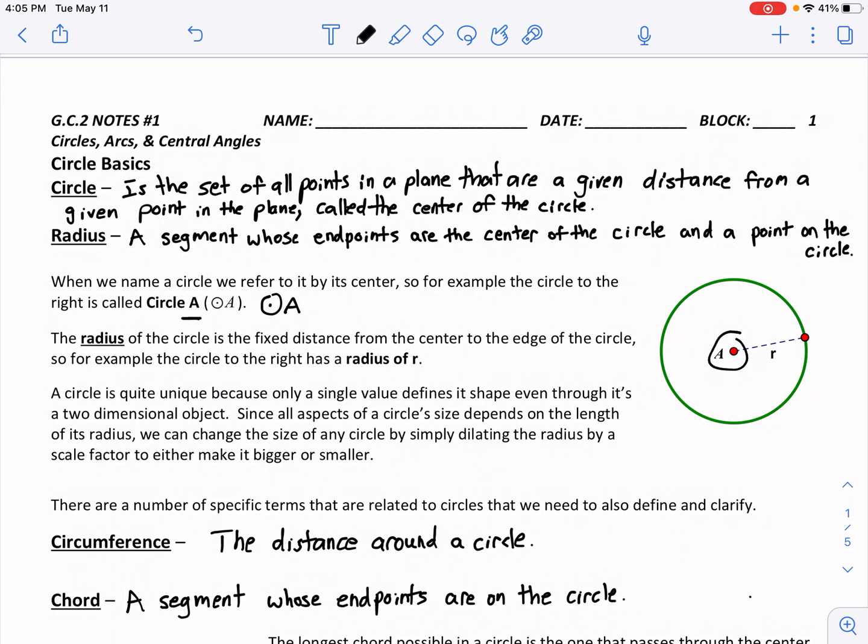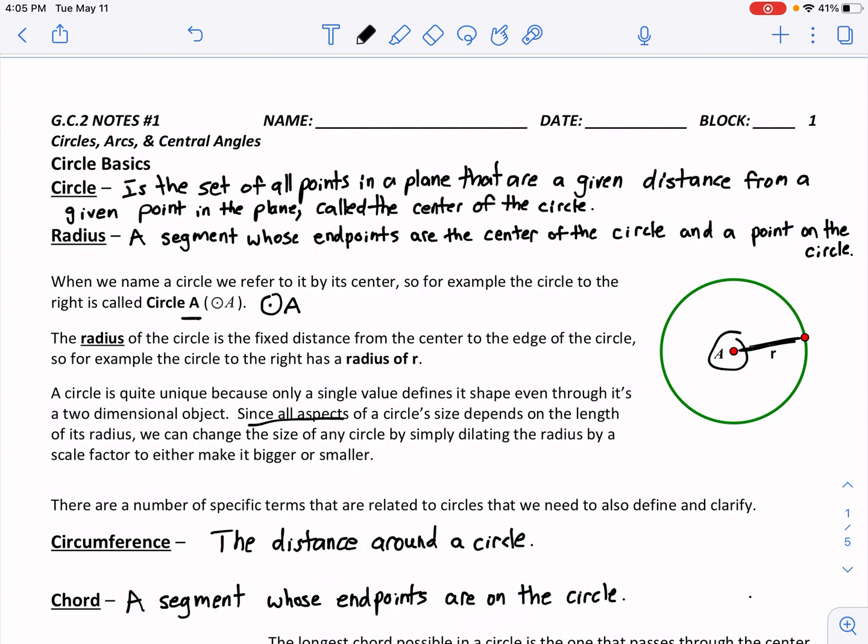But a circle is unique in the sense that that radius is the only thing that really defines this two-dimensional object. This distance is the only thing that defines this object, versus if we were talking about a square, where we can break down other properties and characteristics. But the radius is what's defining our circle.